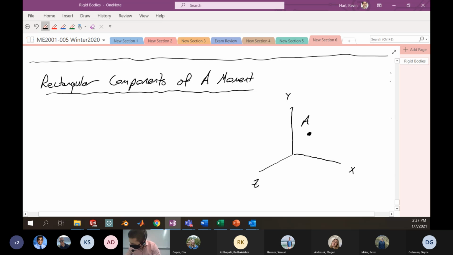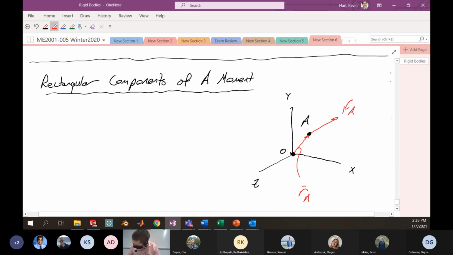That is point A, and there's some force that's acting at A. Let's call this FA. Well, we have our position vector that arrives at A from O. Remember, that looks something like this. And remember how we label this?